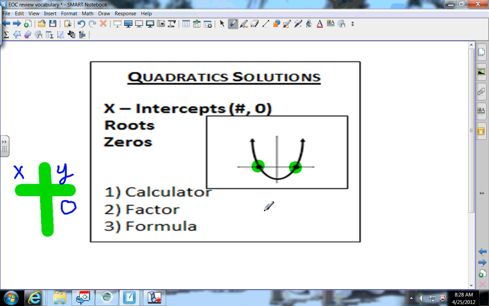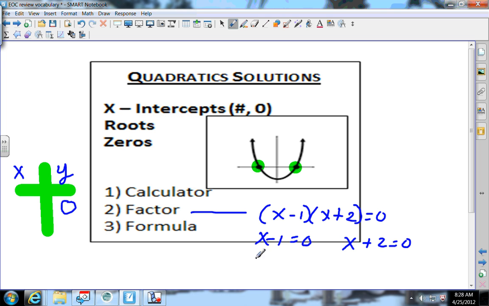You can factor, okay? You'd factor it and find something like x minus 1, x plus 2. You would set x minus 1 equal to 0, x plus 2 equal to 0, and to find your roots, you would solve for x.